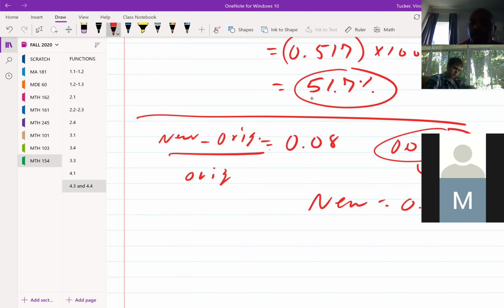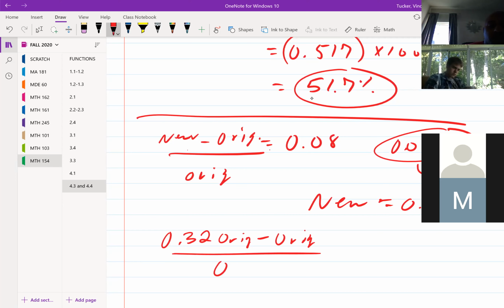So the new value, let's say we're going from 95 to 99, 4 years. So this new value has to be 0.32, the original. Oh, the original.